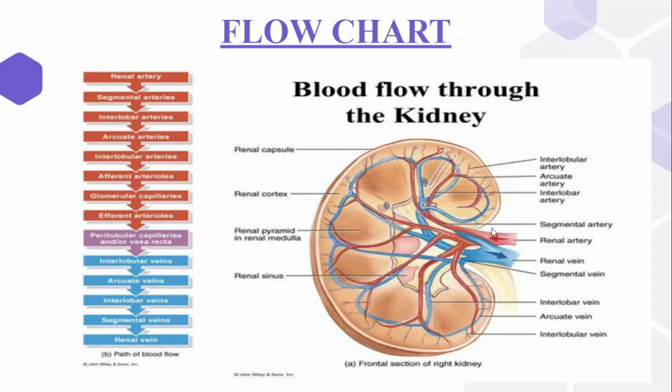Now you can see the frontal section of the right kidney. Look carefully. This is the red structure. You can easily see the renal artery. It's coming from the abdominal aorta. It is a branch of the abdominal aorta.